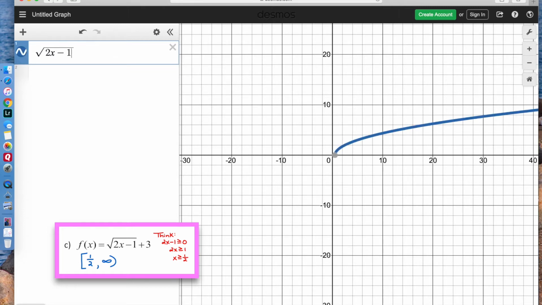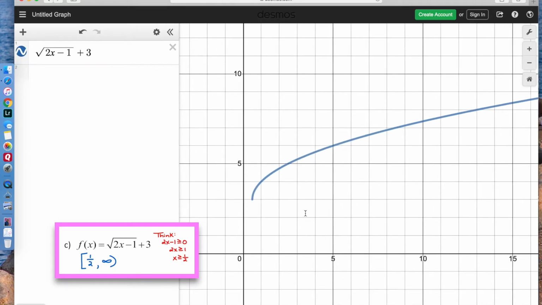Remember that because the plus 3 in the equation is outside of the square root, and right now my cursor is flashing inside the square root symbol, I need to press the right arrow key in the bottom right corner of my keyboard to move the cursor outside of the radical, and then I can type plus 3.